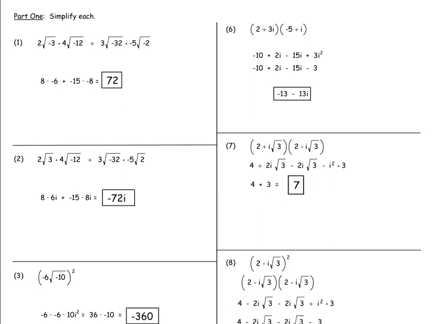And at the end I have a positive times a negative is negative. i times i is i squared. Rad 3 times rad 3 is a whole 3. The minus i squared changed to plus, and 4 plus 3 is 7.